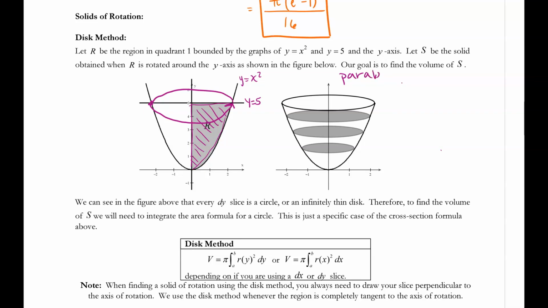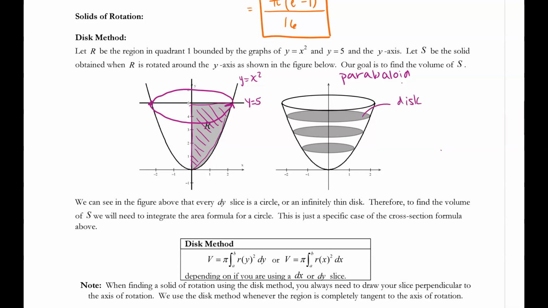It's called a paraboloid. I'm not sure if that's an O or an A. Teach math, not so good at the spelling. So that's a paraboloid. And each slice of the paraboloid, each cross section of it, is a disk.